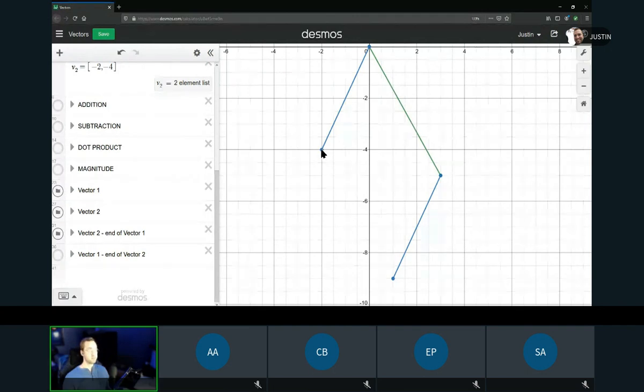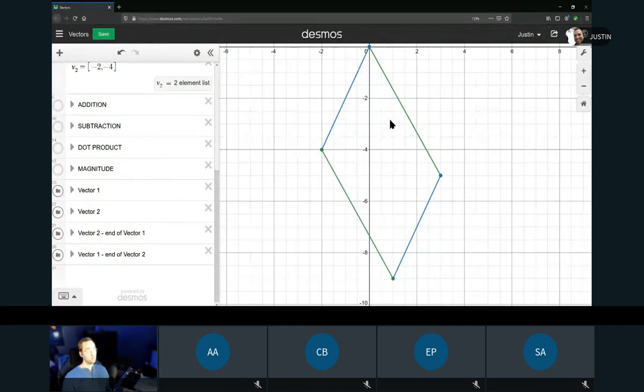So this, I'm guessing that's green, gets slid over here, and that's here. So see how it creates a parallelogram? Where these 2 points meet is the answer. The addition of vector 1 plus vector 2. And you can see it's the same. So they're basically the same. You're just drawing one extra line to create a parallelogram to see where the arrows meet. That's the only difference between head to tail and the parallelogram. Pretty straightforward.